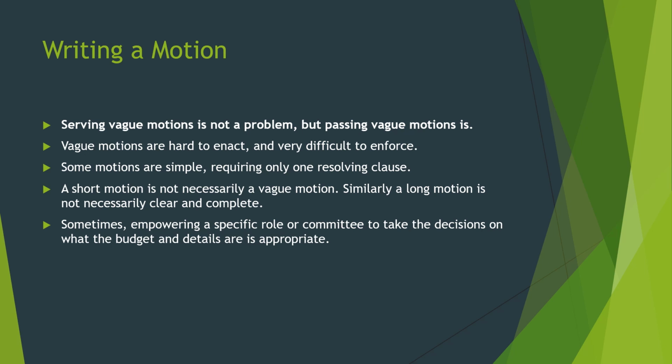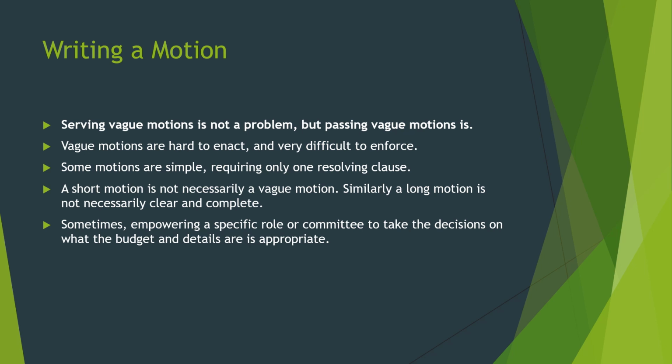They don't have enough detail to really hold anything to account or to give enough clear direction that folks can go on and carry out what you need done. Some motions are simple and they only require one resolving clause. For example, be it resolved that the MSVU-SU will donate $100 to local charity X by December 2024.